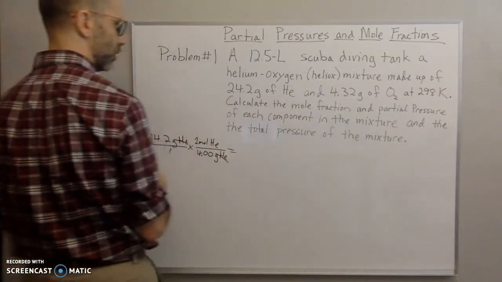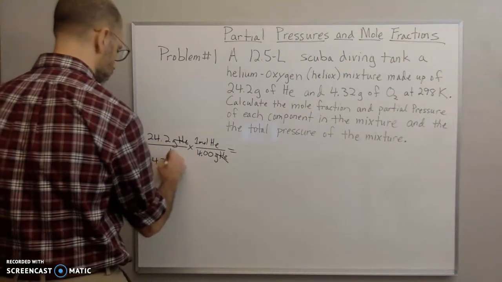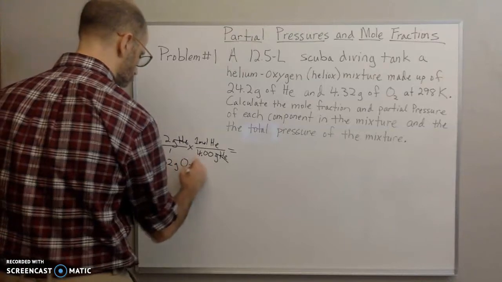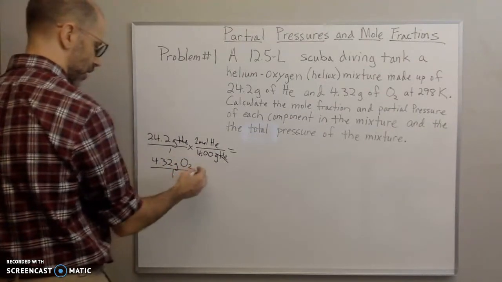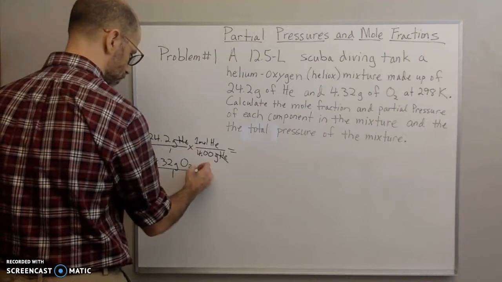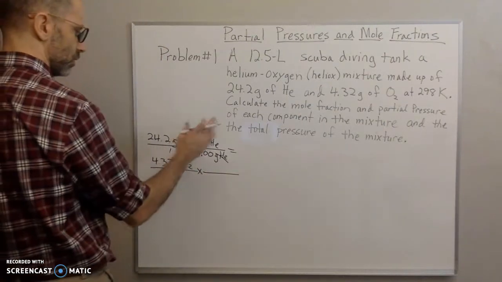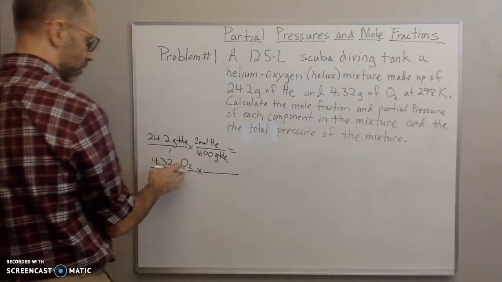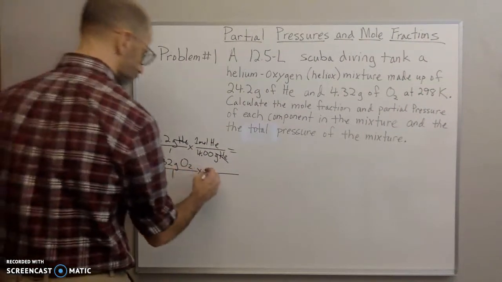Then we do the same thing for oxygen. So we have 4.32 grams of O2, because oxygen is a diatomic molecule. The atomic mass of oxygen is 16, so multiply that by 2 and it gives you 32.